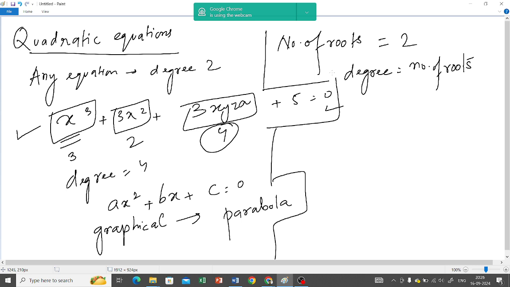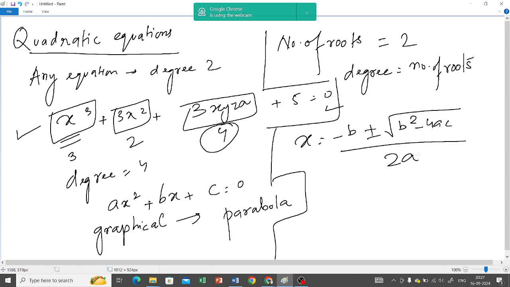Understood till here? Now how to get the solutions, how to get the roots? You remember Sridhar formula, x equals minus b plus minus root over b square minus 4ac by 2a, right? But you will hardly need it over here. Sometimes you will need it. What is important is sum of roots and product of roots. See, x equals minus b plus minus, so one is plus and the other is minus, so you're going to get two roots.